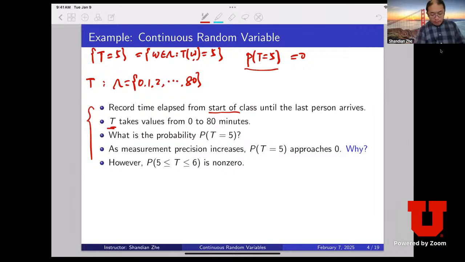So now I want to ask you, in this sample space, what's the probability of the event t equals 5? Yes, someone pointed out it's 1 over 81, because we have 81 elements, including 0.